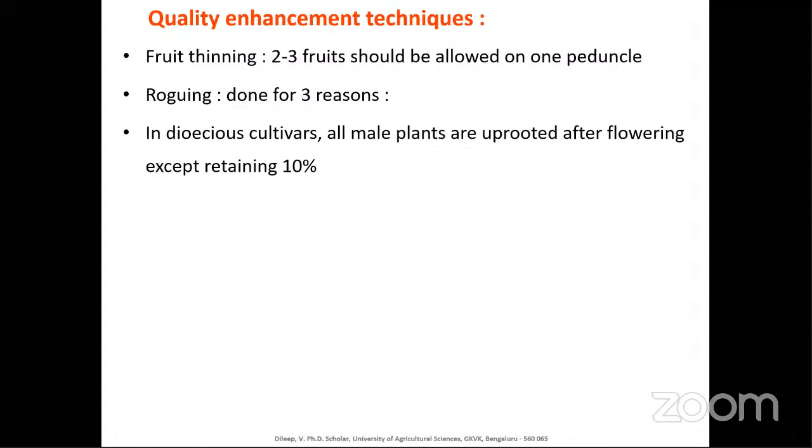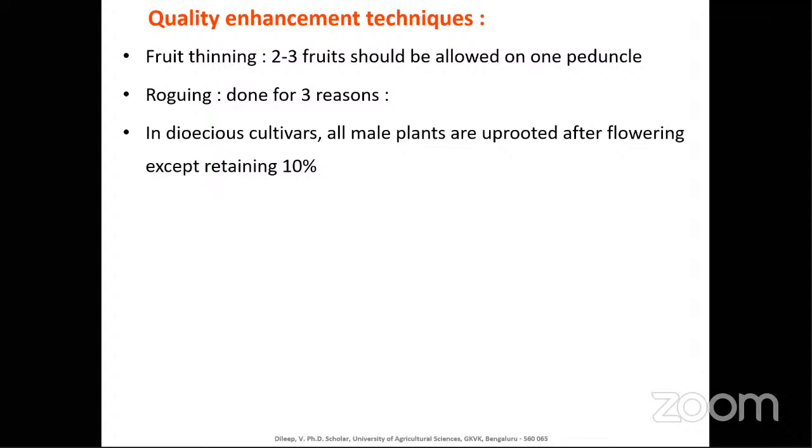Thinning of fruits is important if you want good quality and good sized fruits, because when you thin, the photosynthates, the source and sink, are transferred into the limited fruits, and they get proper nutrients and develop into good size and quality fruits. For that, 2 to 3 fruits should be allowed per peduncle.